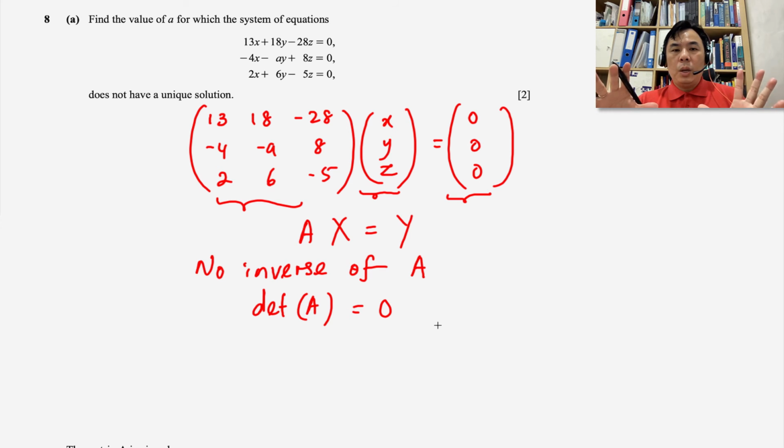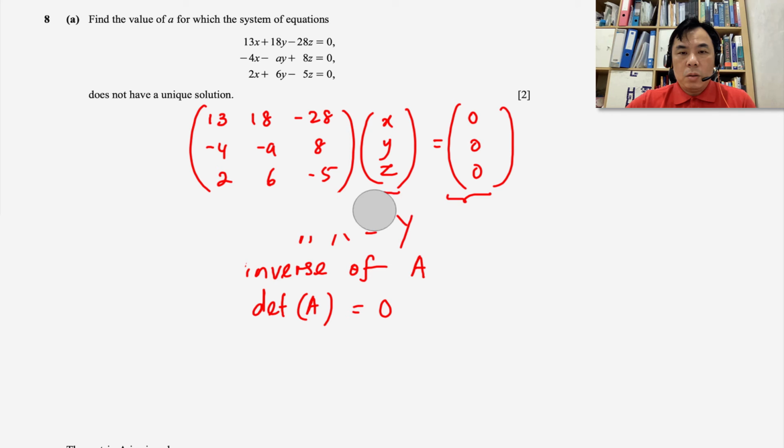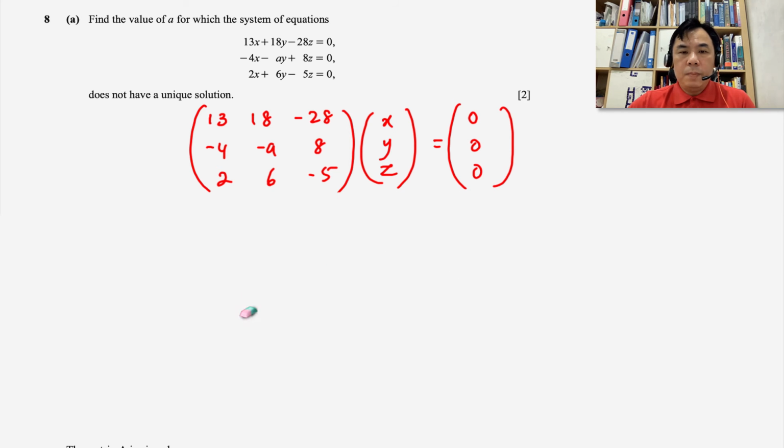I'm going to show you how to actually get the determinant in this case. All right, so let me erase this off. I'm going to leave that down there. Now, the determinant for A, that must be equal to 0 here. So how do I find the determinant then?